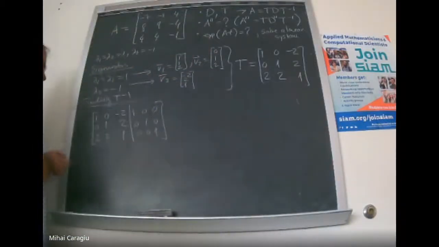Okay, the first step is to create zeros. We use pivots to create zeros below and move from left to right. So multiply the first row by minus 2, add to the third row.